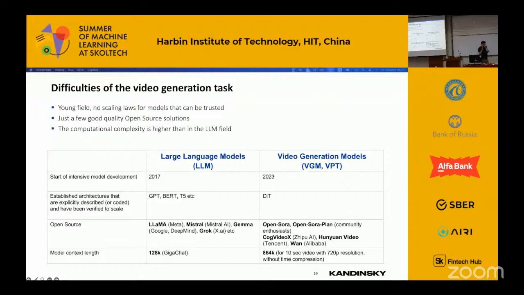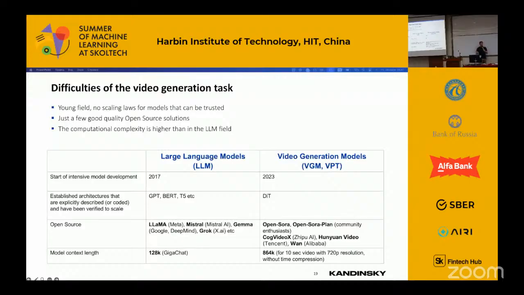A full HD video is near 2,000 by 1,000 pixels, so a little less than 2 million. Say you want to generate 10 seconds, multiplied by at least 24 frames per second, because with fewer frames per second you will not see a continuous picture, you see frame by frame.